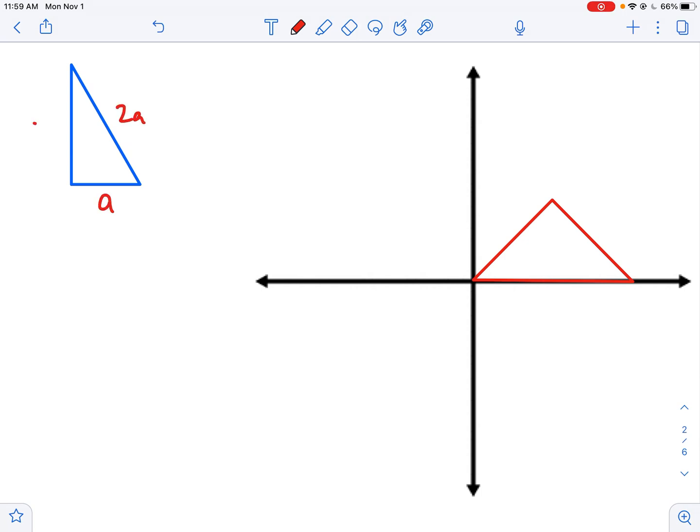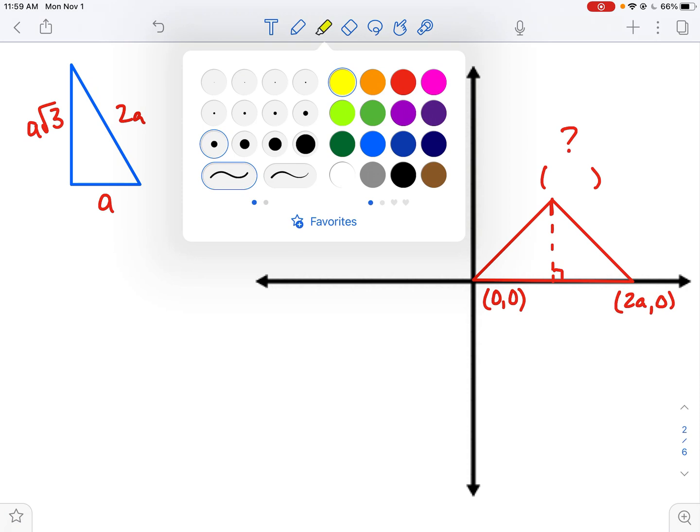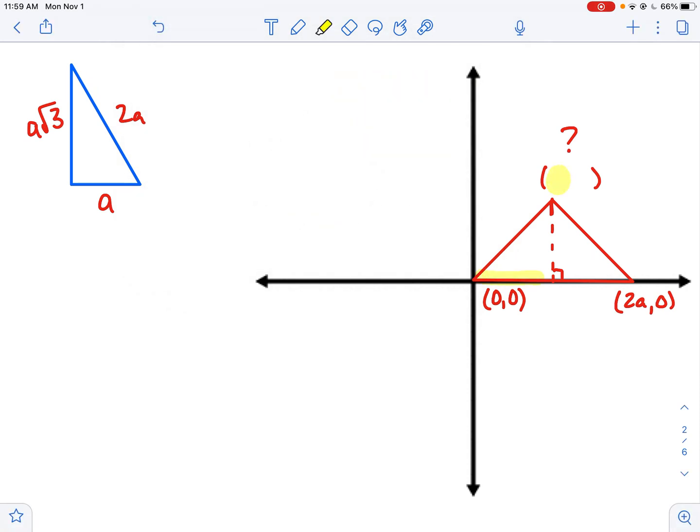Let's say I went 2A units out, and I've got a vertex at the origin. What in the world would be my top vertex? Well, we'll take the same approach: I need to figure out what the height is. I also need to figure out what the x coordinate is.